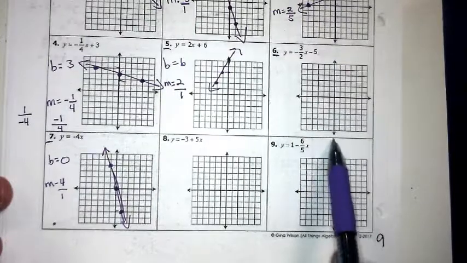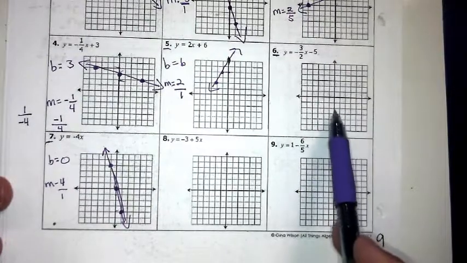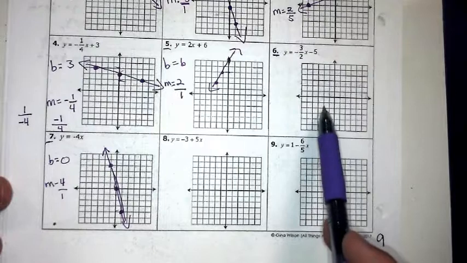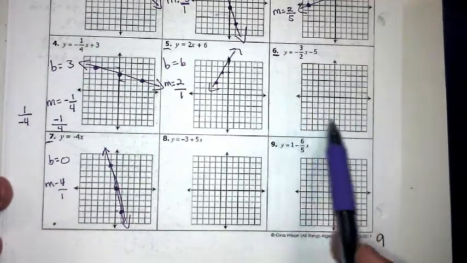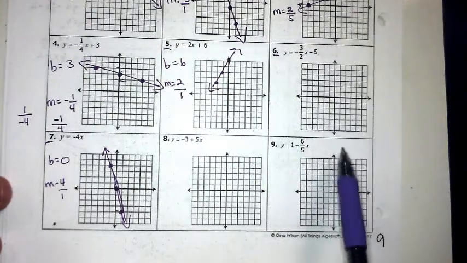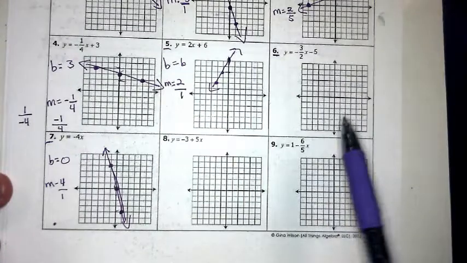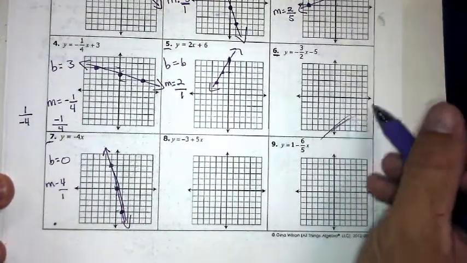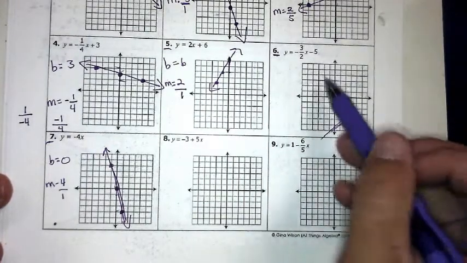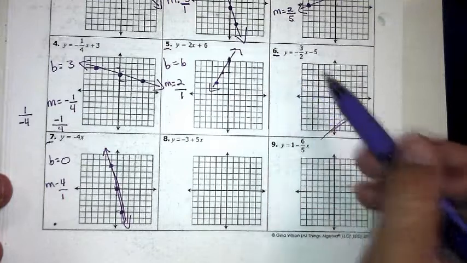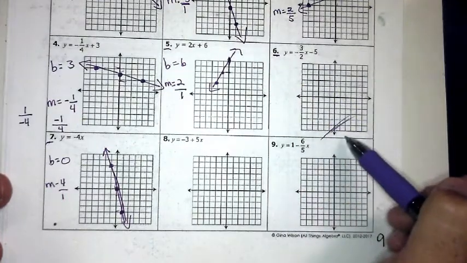And then Jack goes up 3, left 2, because I couldn't go this direction. Okay, so I'd be off the graph. Now, if I drew my line this way, that's a positive slope. But our slope is negative. So I must have a negative slope. Good question.